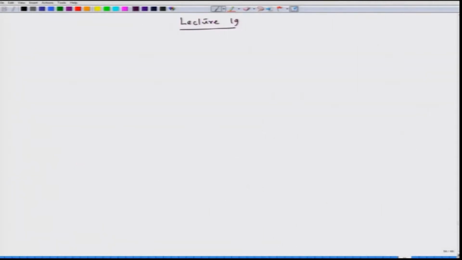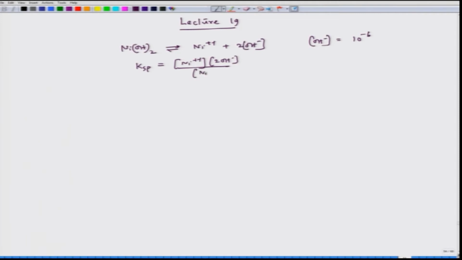Now, this Ni(OH)2 can have equilibrium between Ni++ plus 2 OH⁻. We know that the OH⁻ ion concentration in the solution is 10 to the power minus 6. Now, from Ksp consideration, Ksp would be equal to the concentration of Ni++ times OH⁻ squared divided by Ni(OH)2.